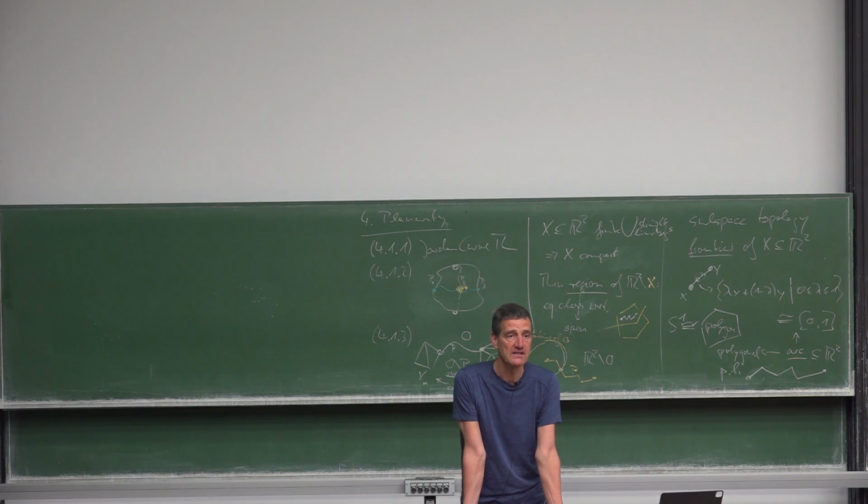So if x1 and x2 are closed but unbounded, can you find a counterexample where this P does split the region that contains it, the region of plane minus x1 union x2, into two regions of plane minus x1 union x2 union P?